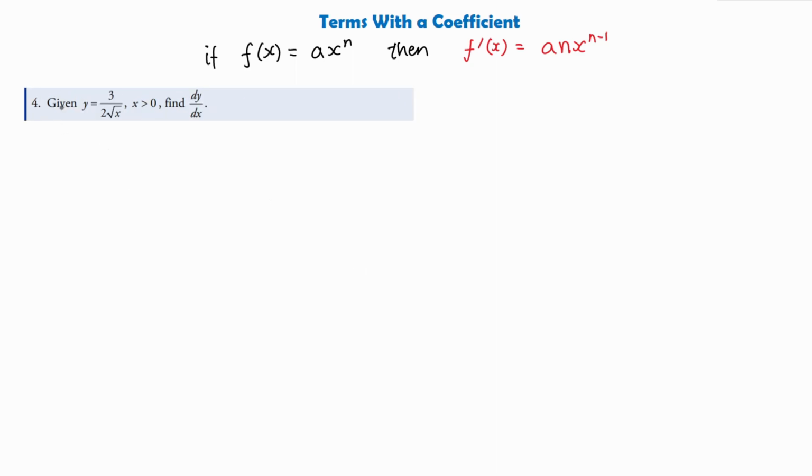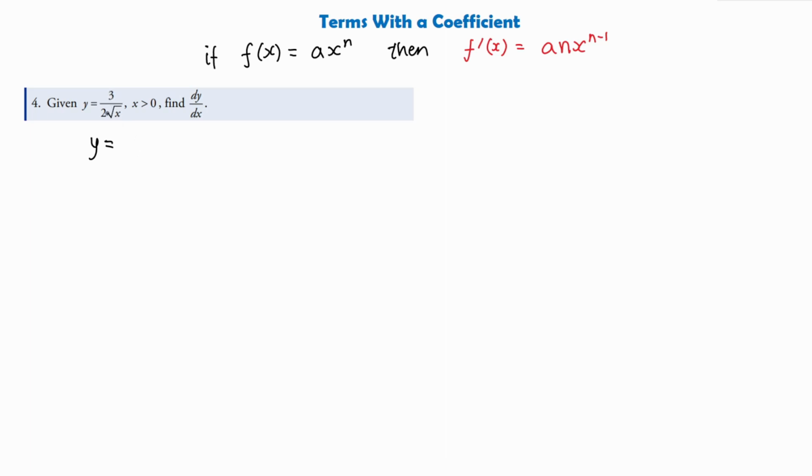Example 4, given y equals 3 divided by 2 times the square root of x, where x is greater than 0, find the derivative dy by dx. Well, we'll start by rewriting y, so we're doing a bit of preparation to differentiate here.